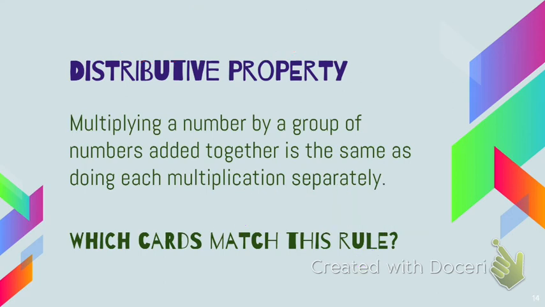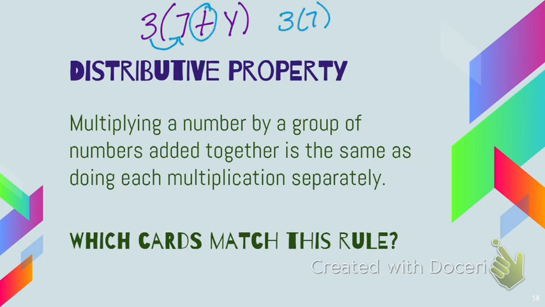Okay, so let's say I have 3 and I'm looking at 7 plus y. I can't combine that 7 and y by adding, but what I can do, let me switch up my colors here. Let's go with that one. I can say 3 times 7, okay, plus 3 times y.